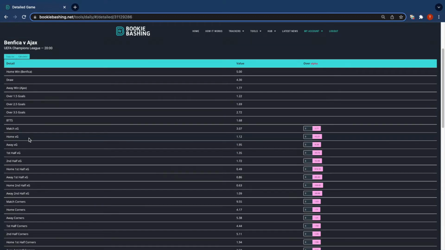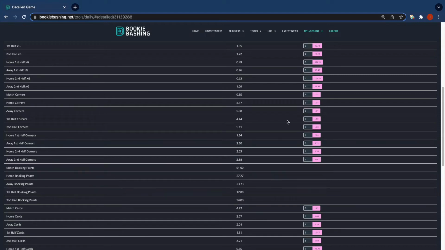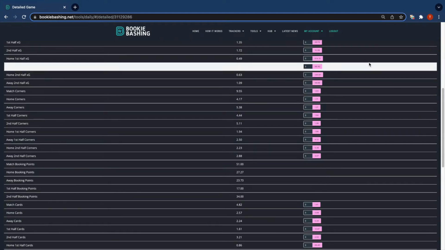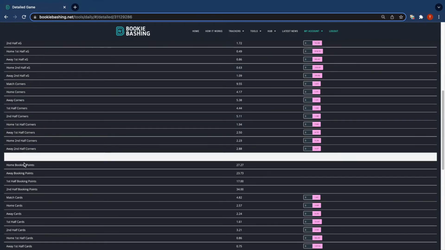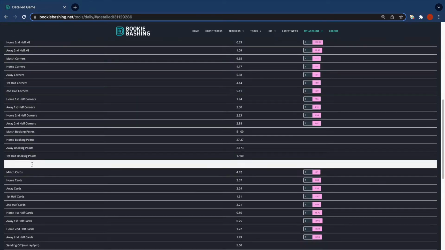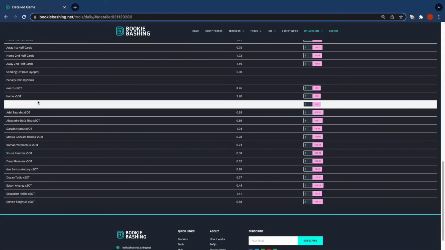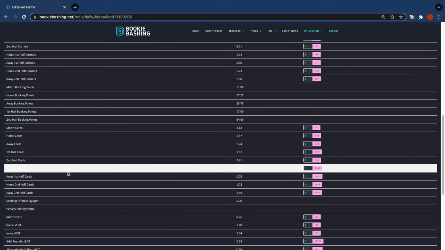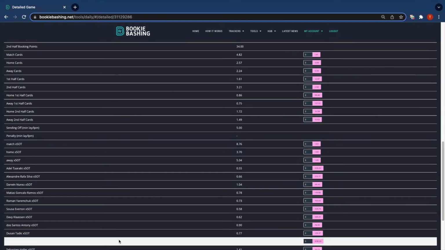We've got the Match XG, the home and away XG, first half XG, and corners. We've got some calculators here to help calculate the over. We've got first half corners, home first half corners, booking points, cards, even shots on target down here. We can copy. We've got penalty. We've got sending off, which is 5.0 on the exchange.